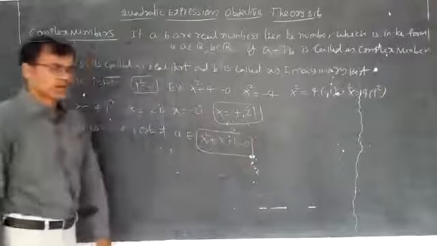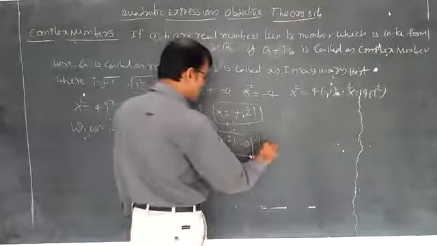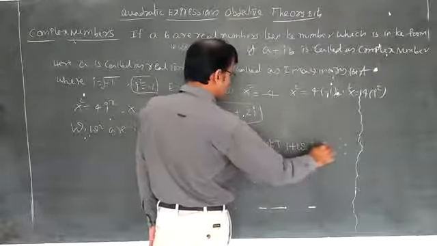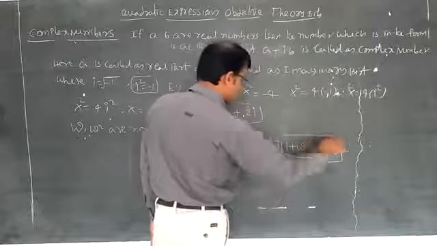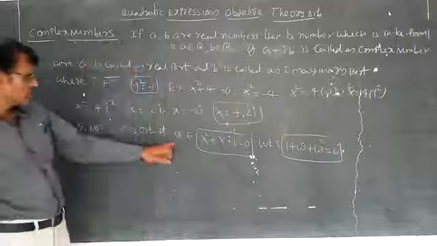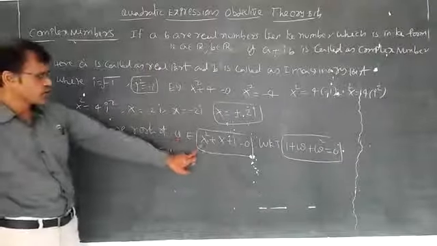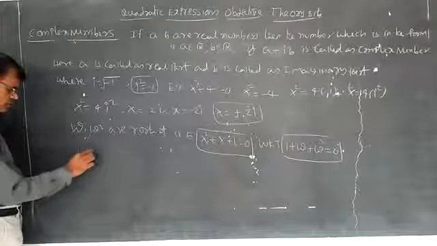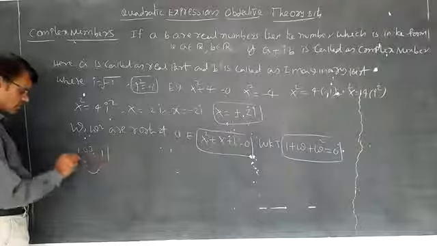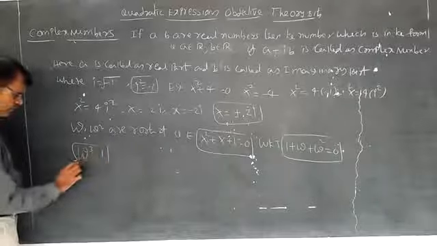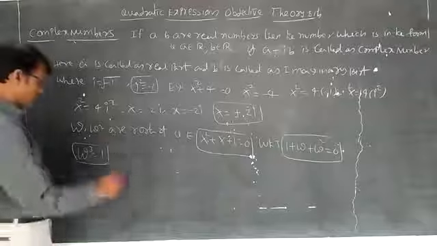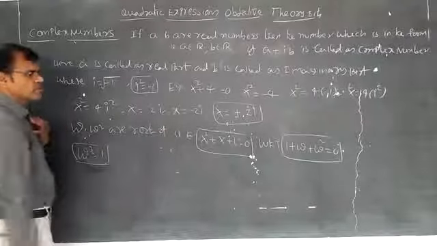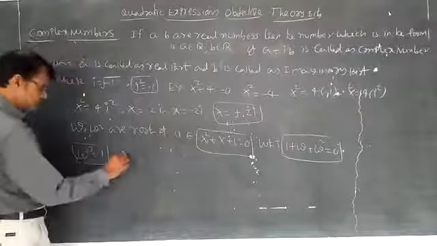I think in first year matrices you have learned that simply like a formula: 1 plus omega plus omega square is equal to 0. The concept I want to discuss with you is that omega cube is equal to 1. This is a formula; the proof I will give in the chapter on complex numbers. Omega cube is equal to 1 and omega plus omega square is equal to 0.